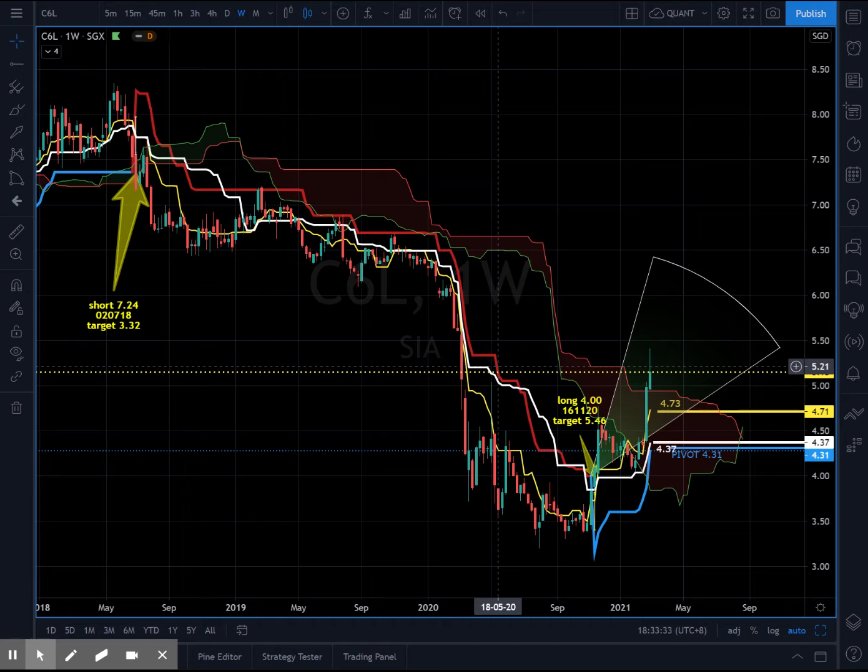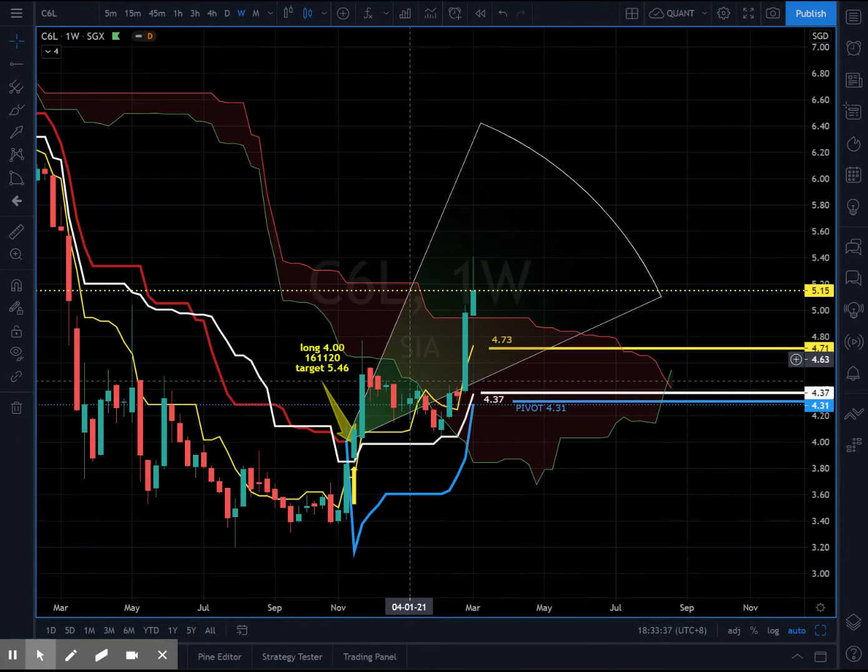Looking at the medium-term charts of Singapore Airlines, the breakout from the lows was seen on the 16th of November 2020 at $4. All right.